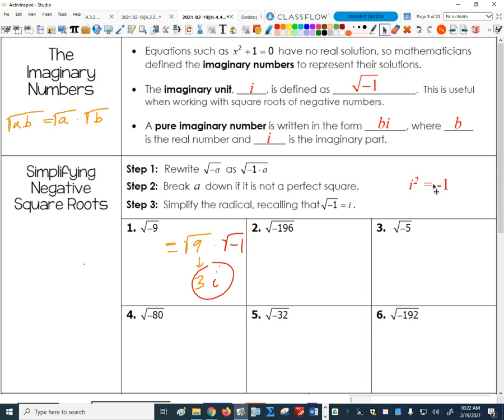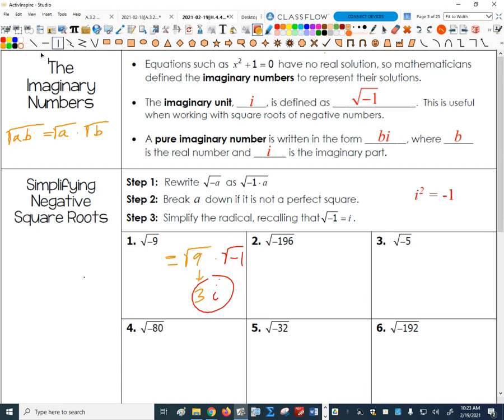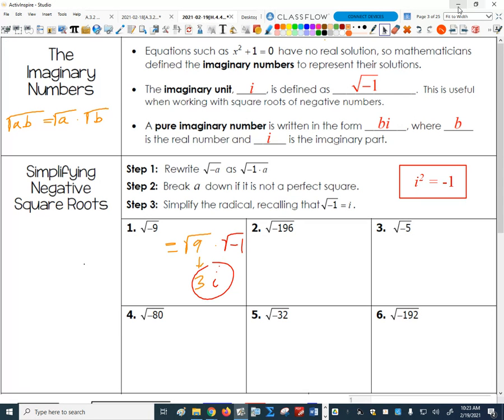That's another thing we want. I'm going to put that in a red box because that's another thing that we just want to always remember, that i squared equals -1, because we're squaring that square root, which cancels it.